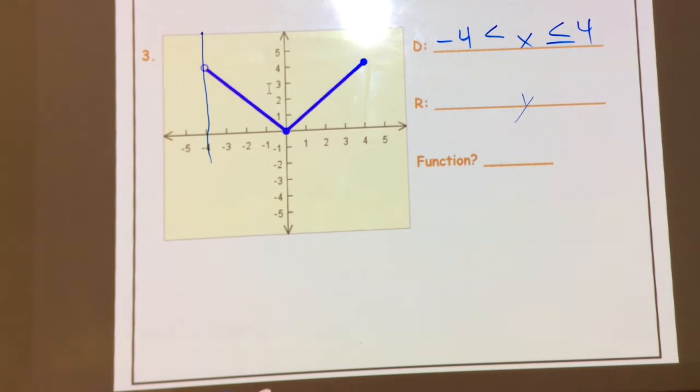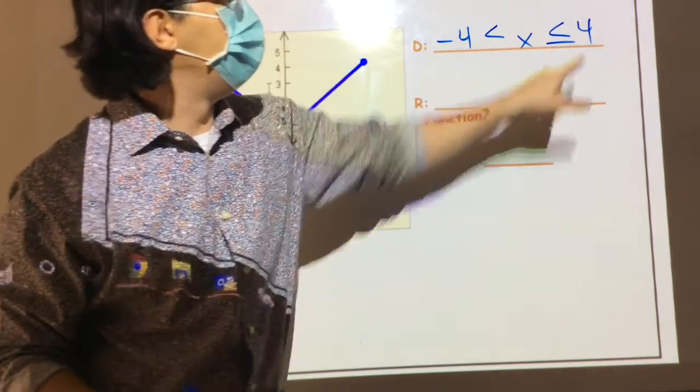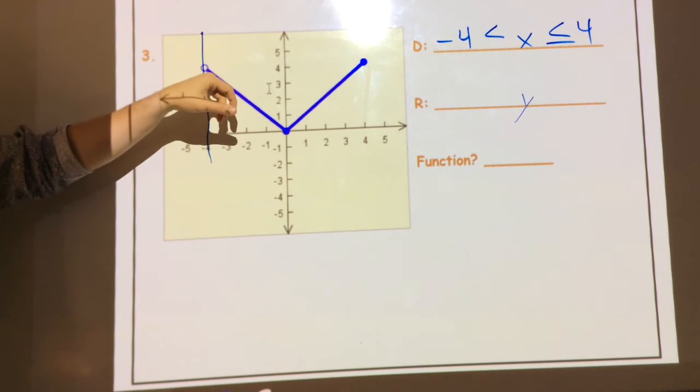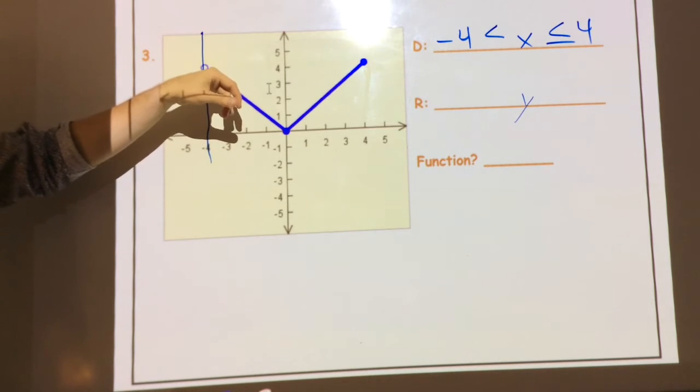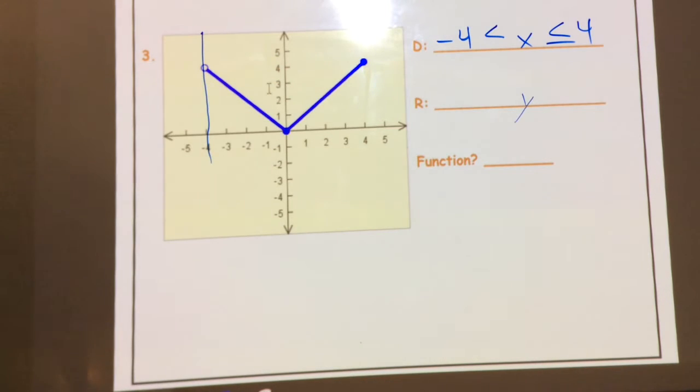All right, now let me ask you this, my last question. Why does this one not have the equal to sign, and why does this one have the equal to sign? Luke. Because the first circle is open, the other one is closed. So what that means is that we're not including -4. We're saying x has to be greater than -4. It can't be -4. On the +4, though, we're saying it's allowed to be a 4 there. Are we okay with that?